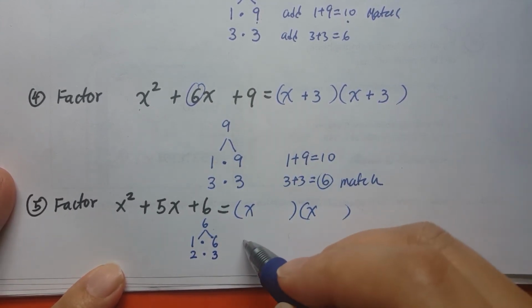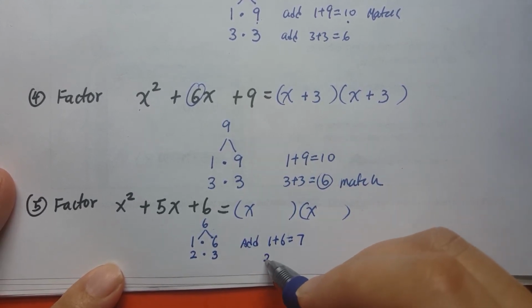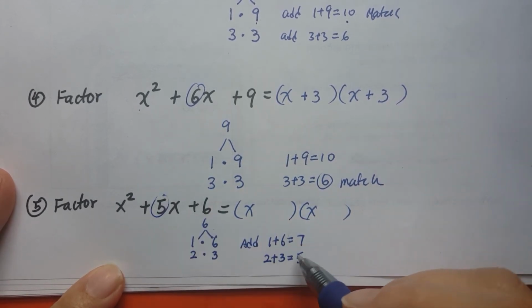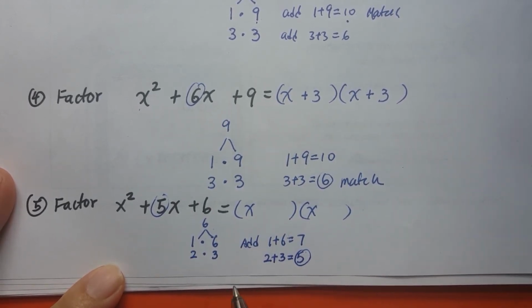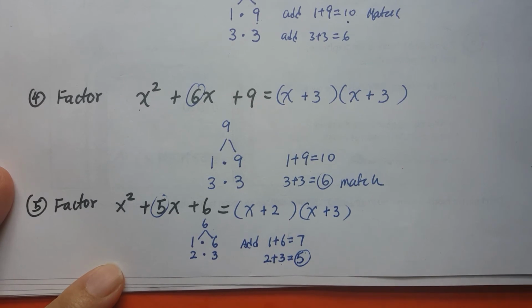So it's the same thing. Now we're going to add 1 plus 6 equals 7. 2 plus 3 equals 5. 5 and 5, so you match. So the two numbers that we use are 2 and 3. So plus 2 and plus 3. So we finished question number 5.